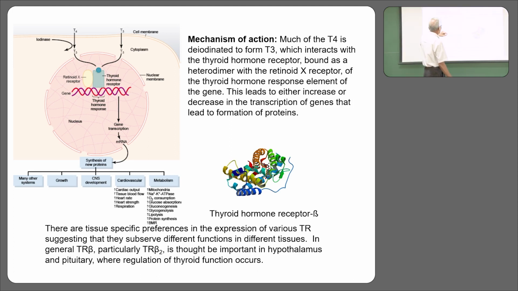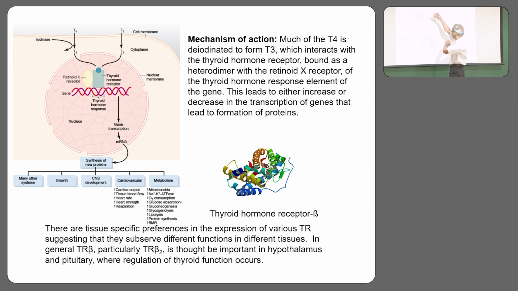Anyway, let us look at it. We have any cell, T4 comes in, T4, can you read there? T4 comes in and is converted into T3, which happens because of deiodinase. Then there is a receptor, so there are two proteins, one is the thyroid hormone receptor, with the retinoid X receptor, and the T3 will combine here, it will trigger a number of enzymes.